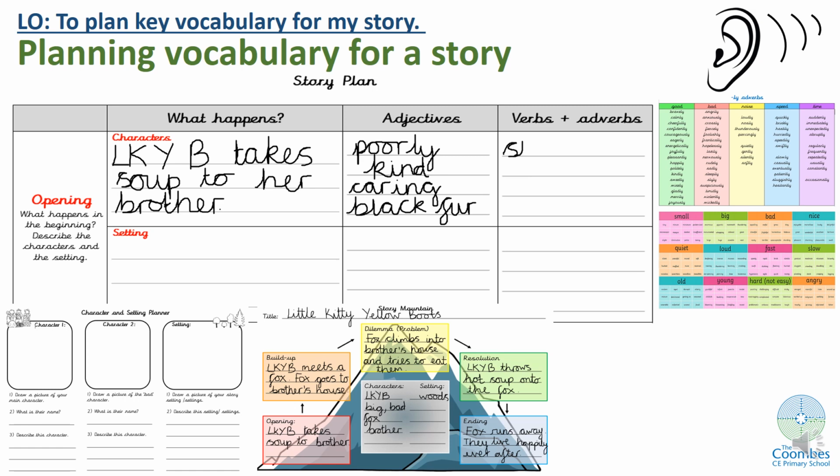So I've got my verb of skipped. What did she do? She skipped. And how did she skip? She skipped happily. And maybe because she's got the hot soup, maybe she held it carefully because she didn't want to spill any.